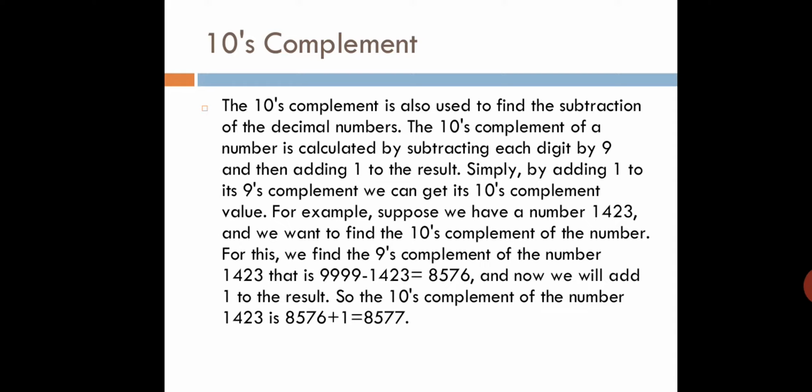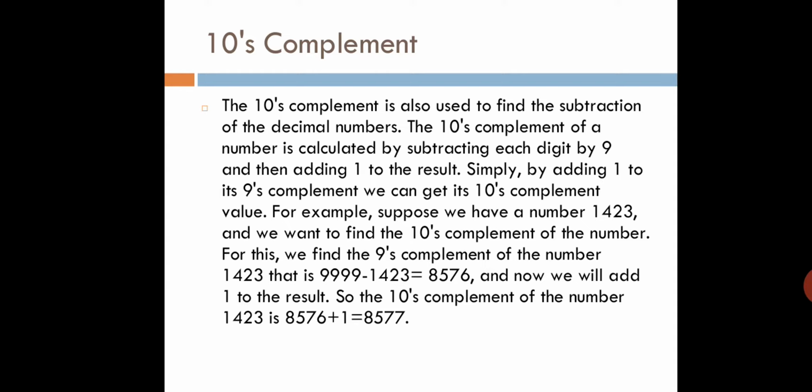The 10's complement is also used to find the subtraction of decimal numbers. The 10's complement of a number is calculated by subtracting each digit from 9 and then adding 1 to the result. What is the meaning? Subtracting each digit from 9, that is nothing but getting the 9's complement, isn't it?